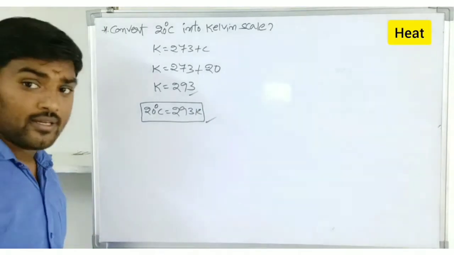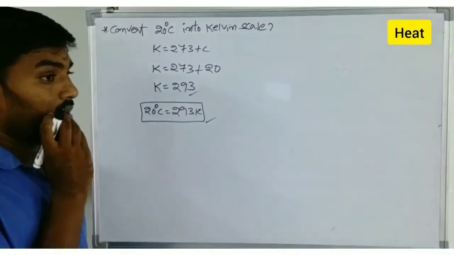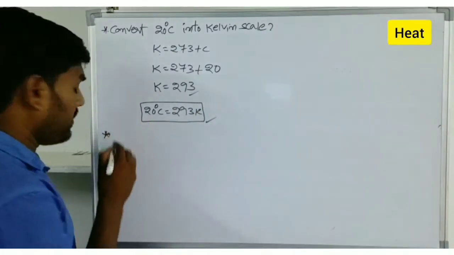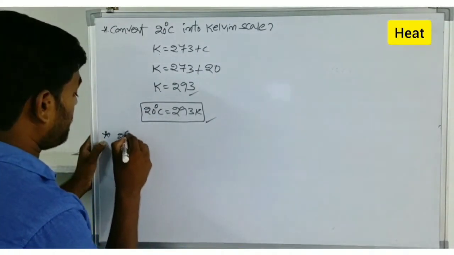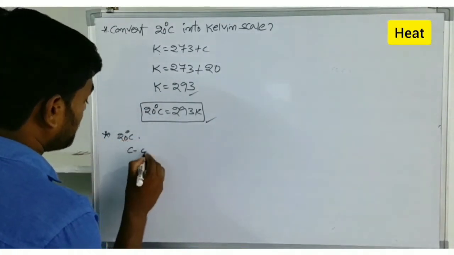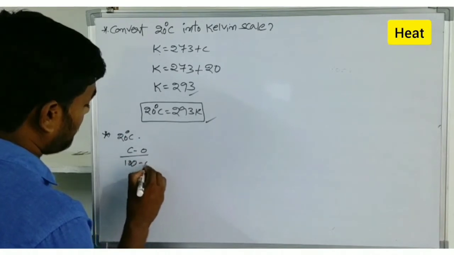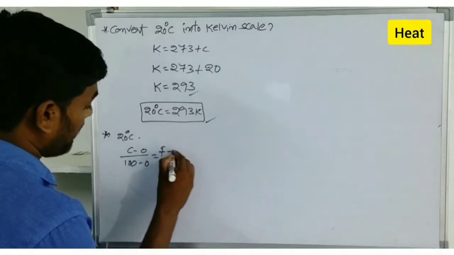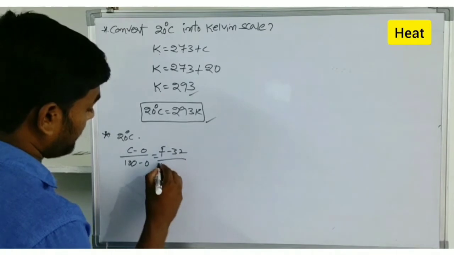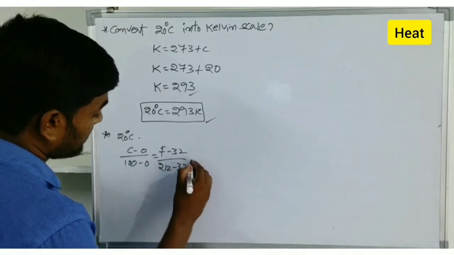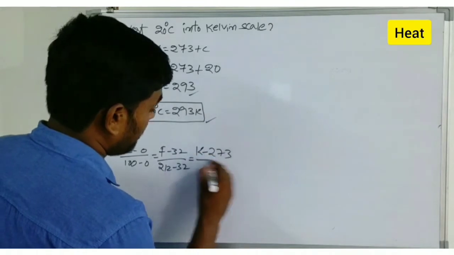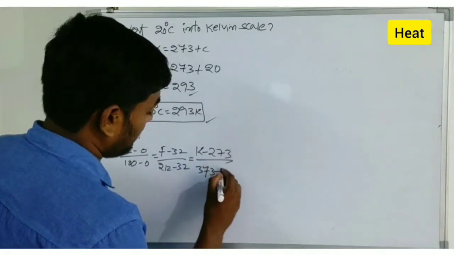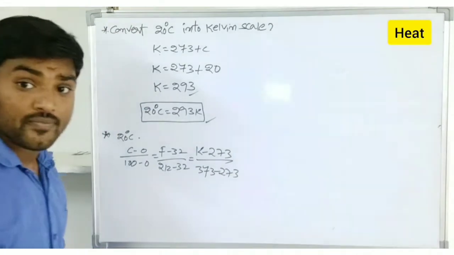Now in this problem, let's solve by another method. C minus 0 by 100 minus 0 is equal to F minus 32 by 212 minus 32, and equal to K minus 273 by 373 minus 273.